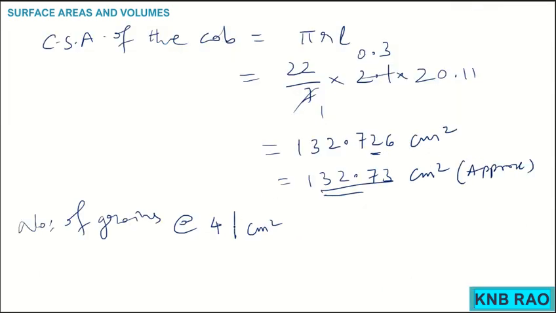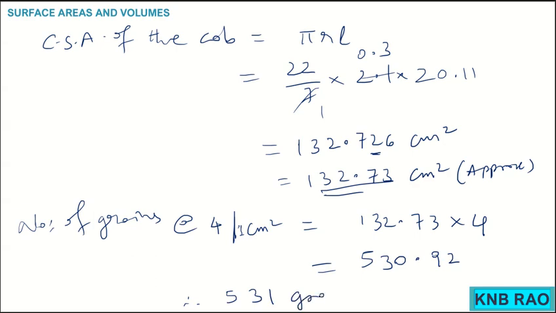So, 132.73 multiplied by 4, this product you will get as 530.92. Therefore, approximately 531 grains are there on that cob. This you can say is the conclusion. This is how we solve this question.